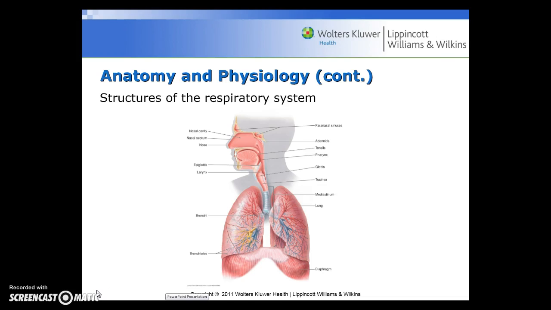And it'll be important for you to review the structures of the respiratory system, including the nasal cavity, nasal septum, nose, epiglottis, larynx, bronchi, bronchioles. On the right, the paranasal sinuses, the adenoids, the tonsils, the pharynx, the glottis, trachea, mediastinum, lung, and diaphragm.